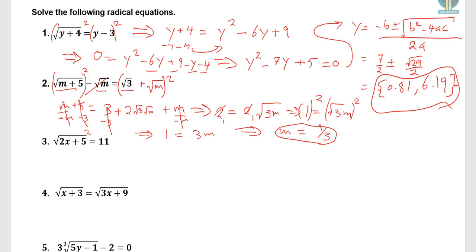Next exercise. Square root of 2x plus 5 equals 11. Again, very straightforward. We can square both sides. So square root of 2x plus 5 squared, and then 11 squared.